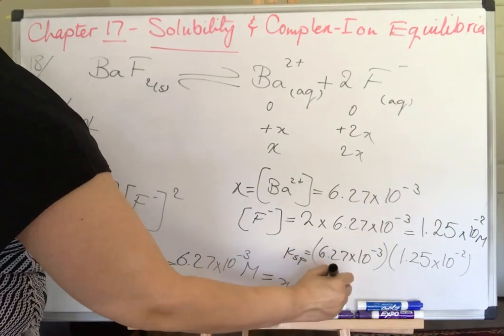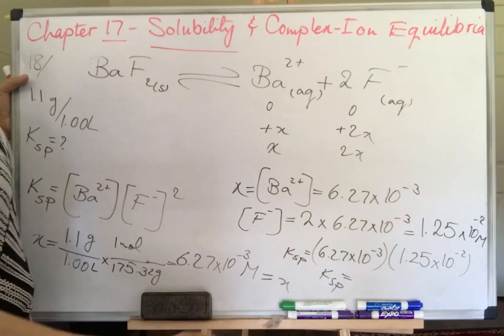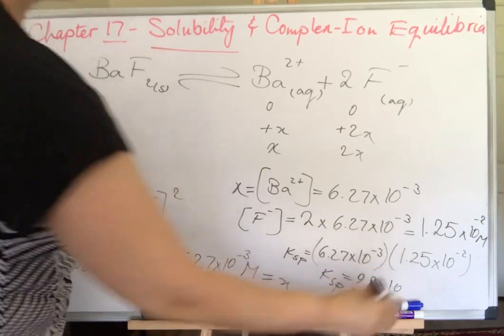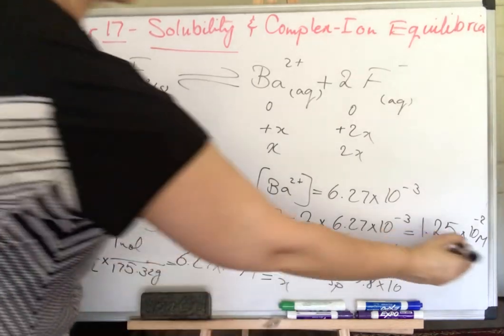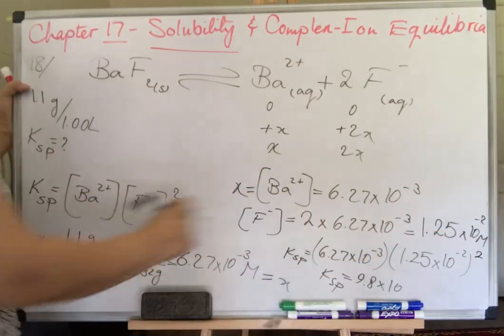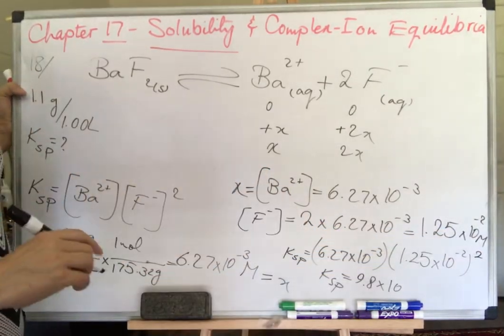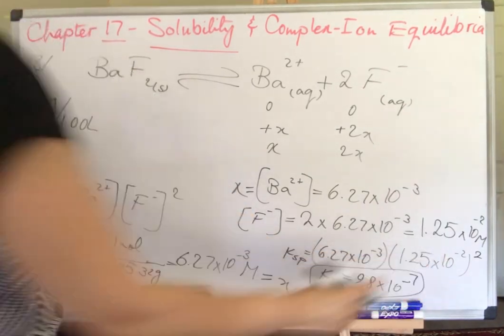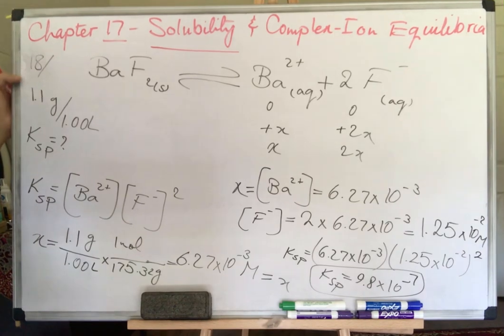Then KSP at the end will be 9.8 times 10 to, I'm sorry, I missed the square because that's a square here. 9.8 times 10 to negative 7 for the value of KSP.